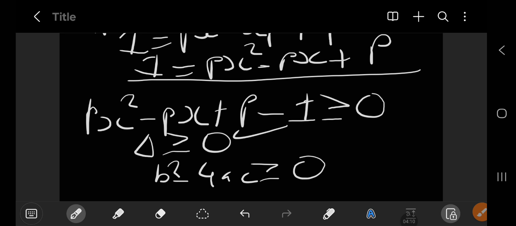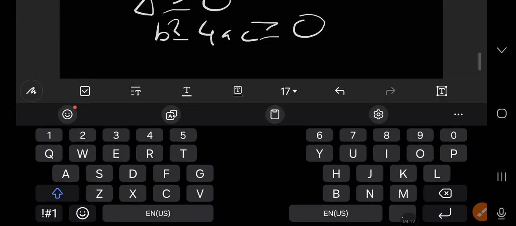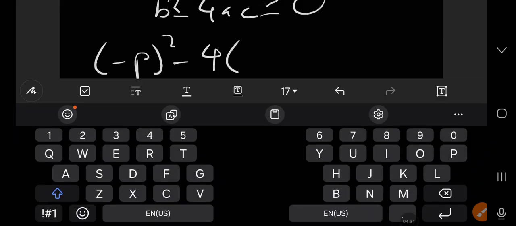In this case, we're going to have negative p, so negative p squared minus 4 into a. Now our a is no longer 1. It's now a variable.